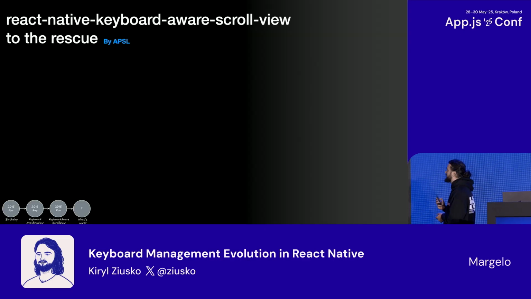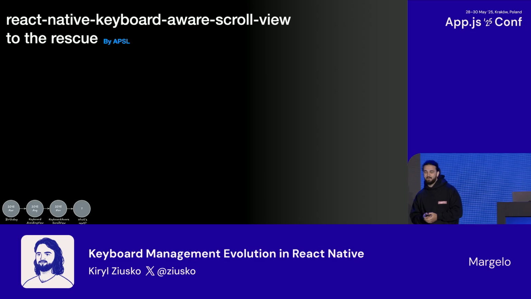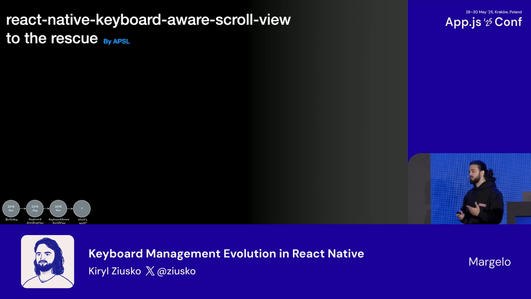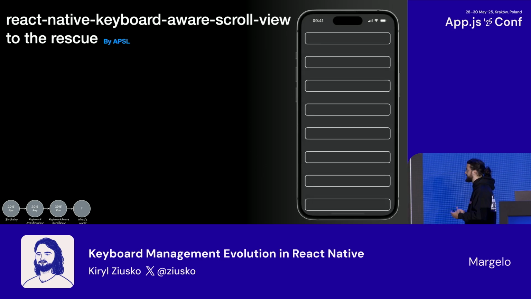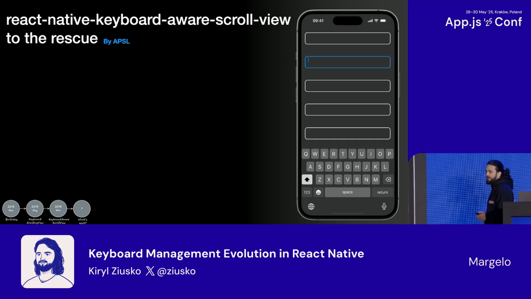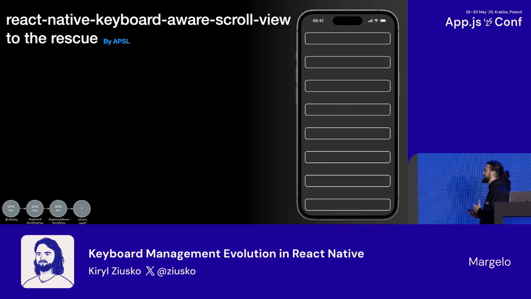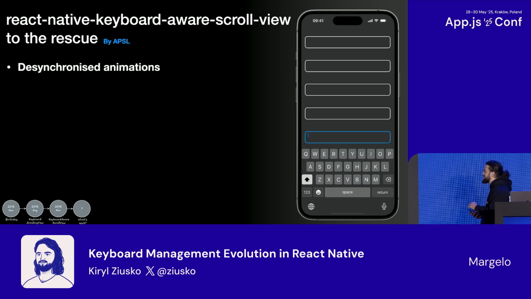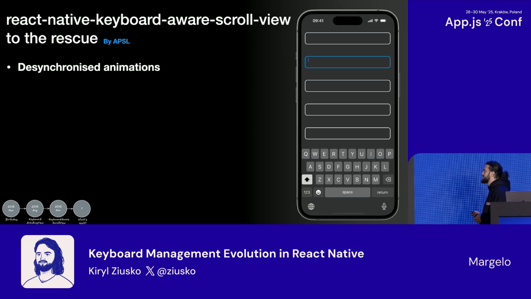Fortunately, in November 2015, a new community package was released, called React Native Keyboard Aware Scroll View, which was designed to solve that problem. And to a large extent, it did. For sure, this package had some downsides, like animations being a little bit desynchronized.